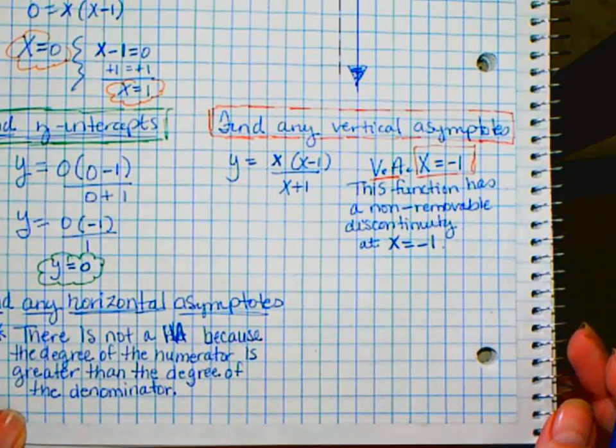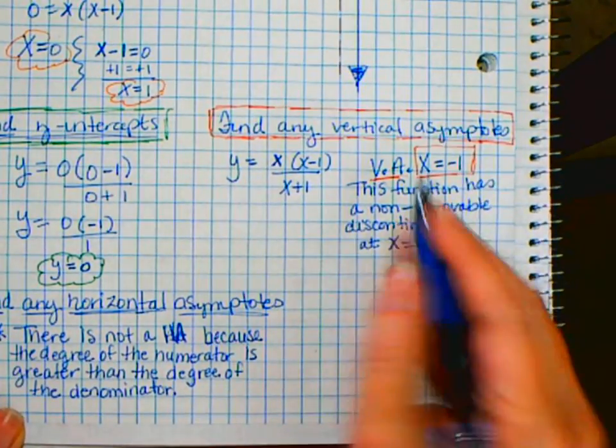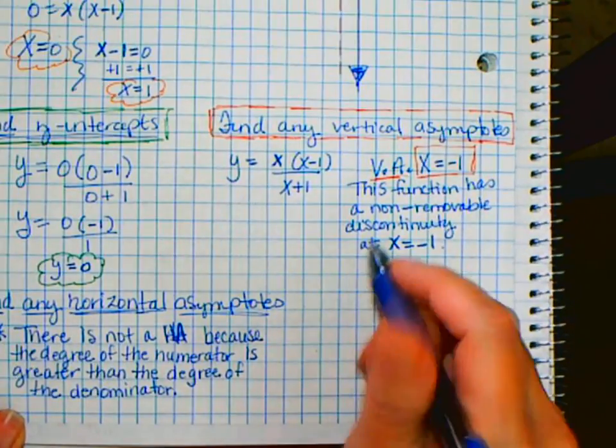Since we don't have a horizontal asymptote, we're going to check for a slant or oblique asymptote.